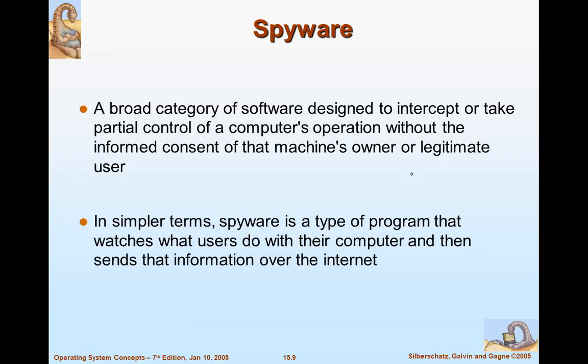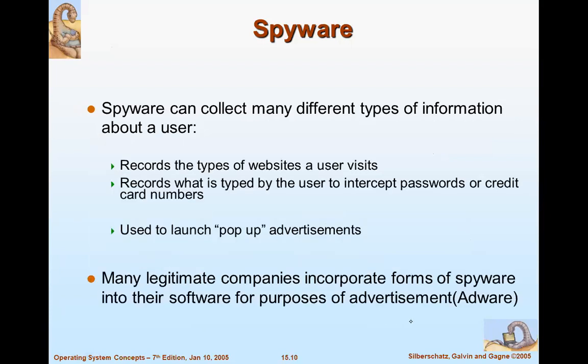In simpler terms, spyware is a type of program that watches what users do with their computer and then sends that information over the internet. That's what I told you in terms of passive attack: the attacker will not destroy any resource on the system, but will keep a record of all the user's activities.